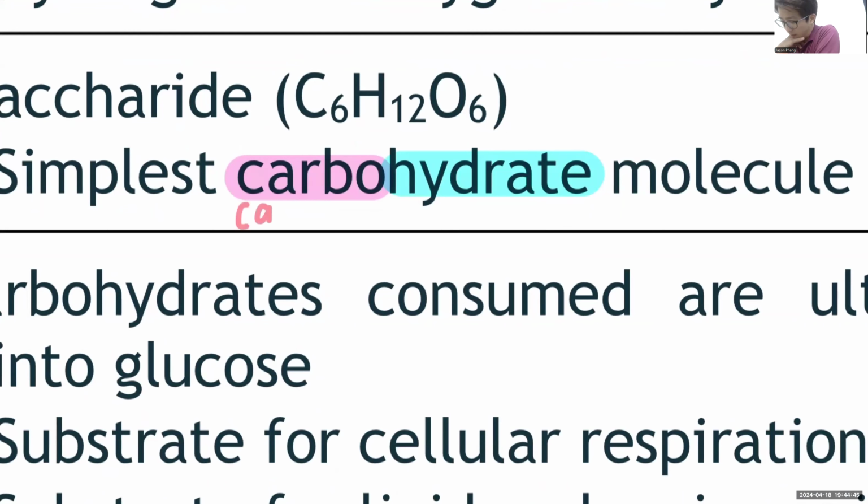Okay, easy. This one's going to have carbon. When you see the word hydrate, what comes to mind? Water. Thank you, water. Right, and the formula of water? Formula of water is H2O.